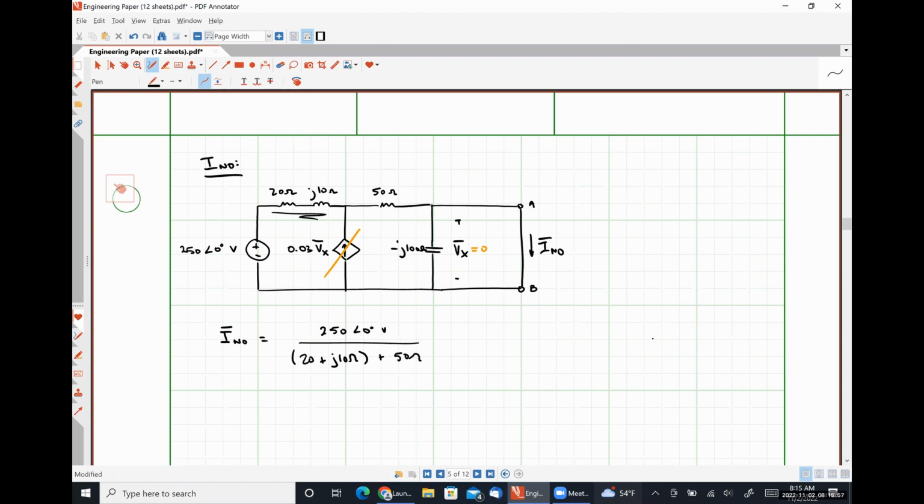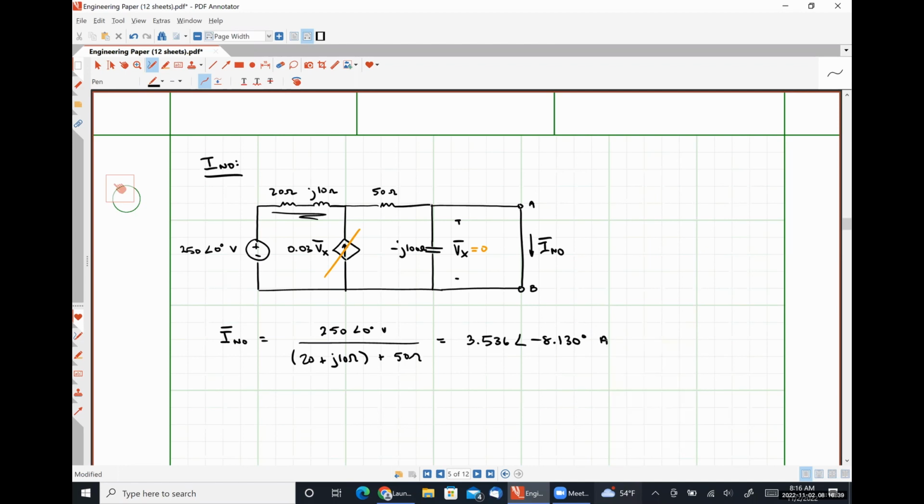All of it will flow through the short to the right. So that's going to be 250 over 70 plus 10i, which looks like 3.536 angle negative 8.130 degrees amps.